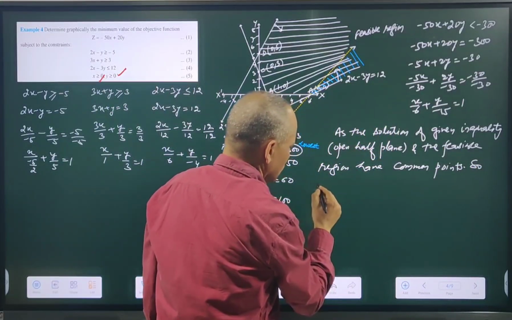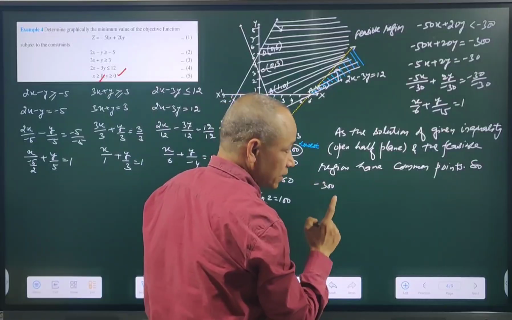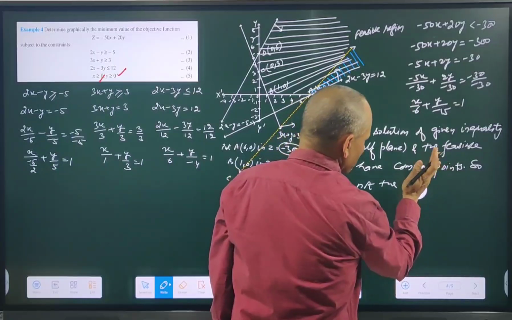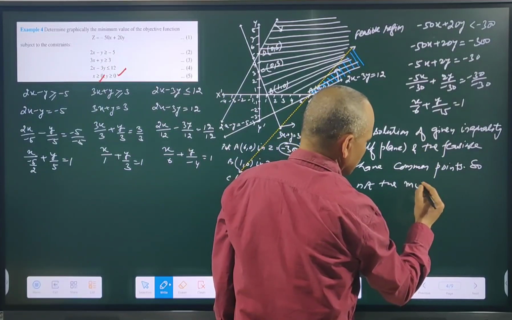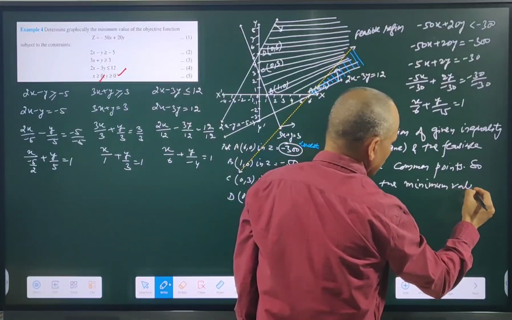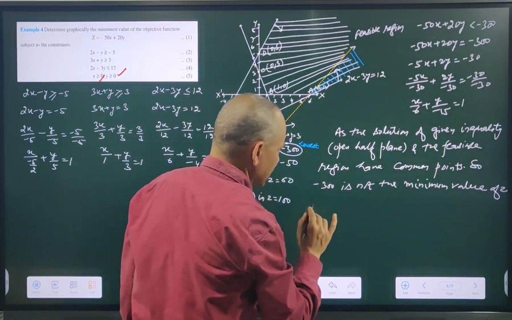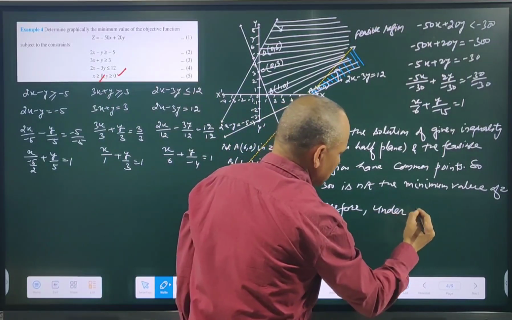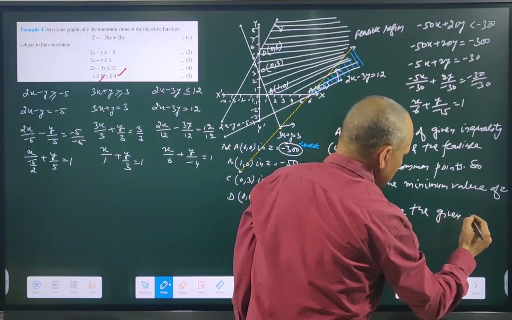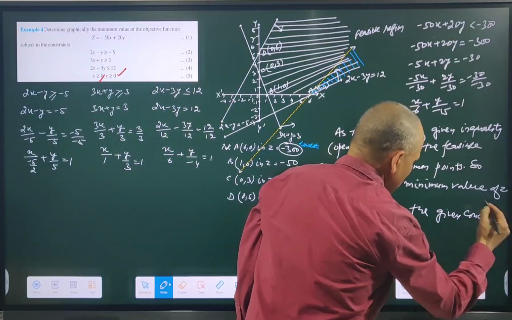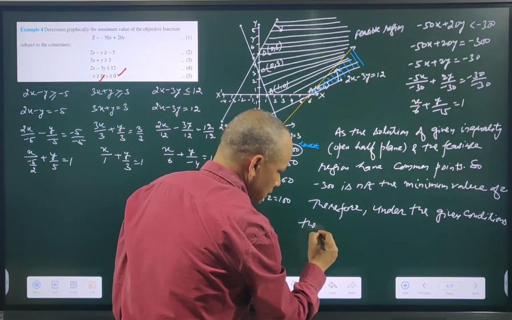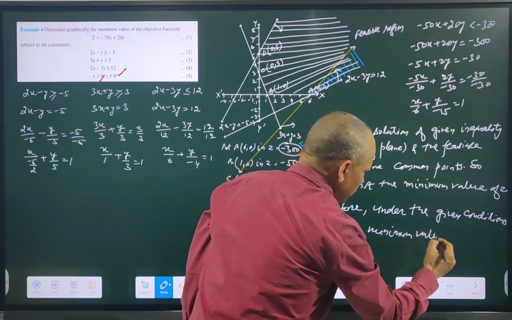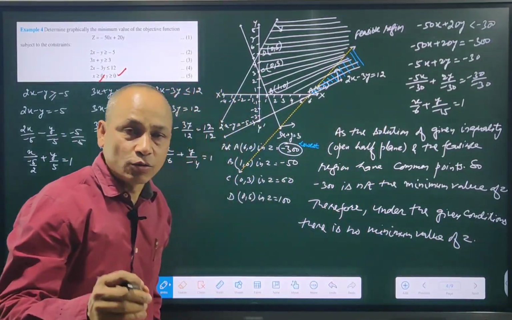So minus 300, which was the lowest value, is not the minimum value of Z. And we can say, therefore, under the given conditions, there is no minimum value of Z. Now I'll tell you the reason behind it.